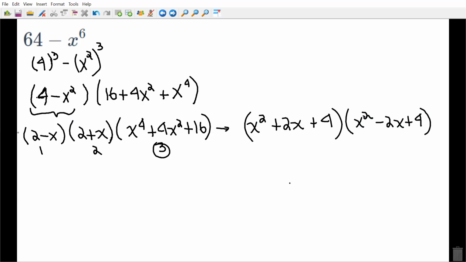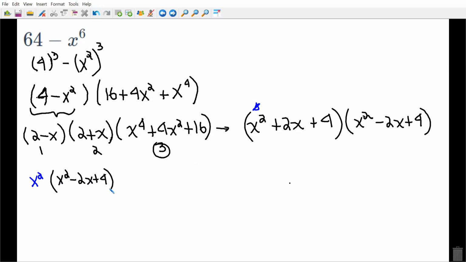Well, let's see what happens if I do the check. First, blue, okay? X squared will be multiplying all of x squared minus 2x plus 4.